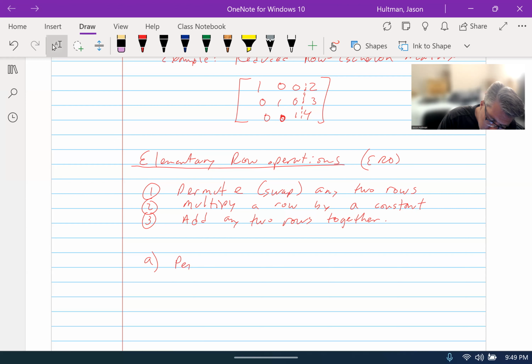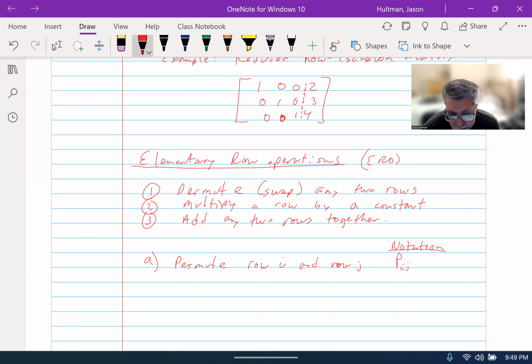If I want to permute row i and row j, to swap those two, we'll say that's P sub ij. So P sub ij means that I'm swapping row i with row j and vice versa, row j with row i.